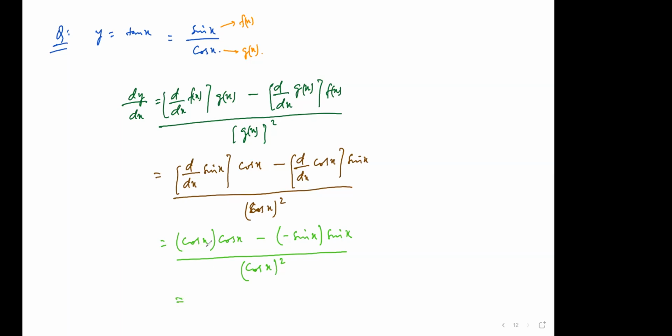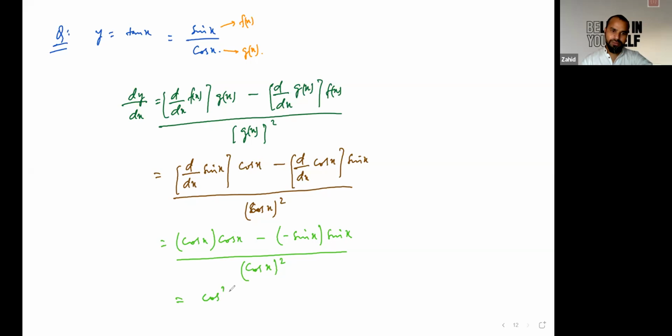Yes, sir. Now this becomes cos x into cos x, which is cos square x, and minus into minus becomes plus, sine into sine becomes sine square x, divided by cos square x. So we have learned an identity: sine square theta plus cos square theta gives you 1.